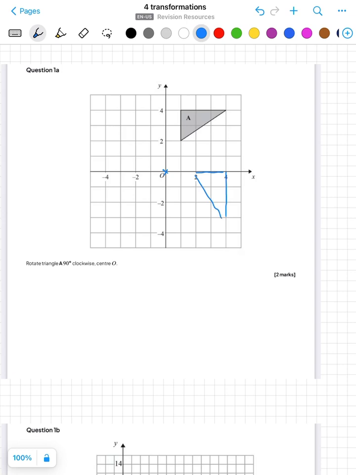So be sure to use tracing paper and follow those instructions. And this would be where our new shape is. This is a rotation.